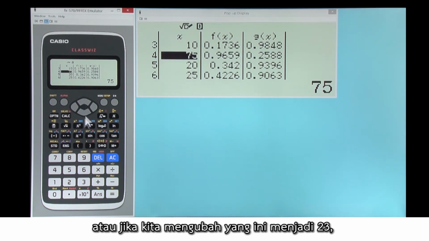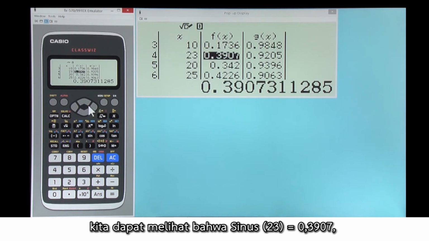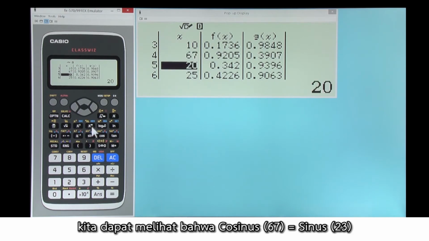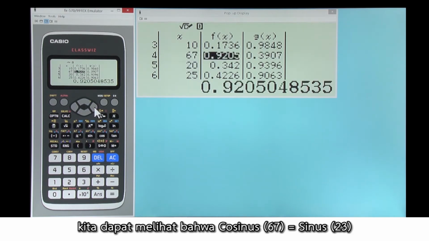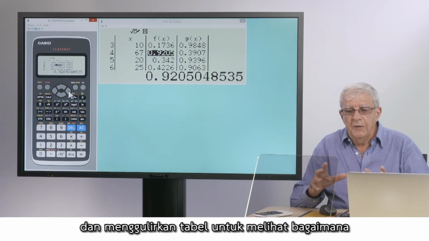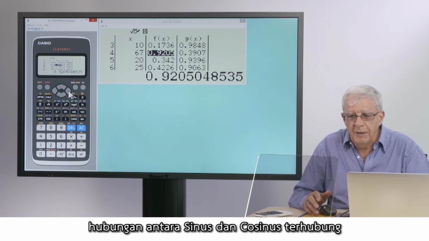Or if we change this one to 23, we can see that the sine is 0.3907, and if we change the value to 67, we can see that the cosine is the same as that sine value. So students can play with the table in those ways and scroll the table to see how the relationships between sine and cosine are connected.